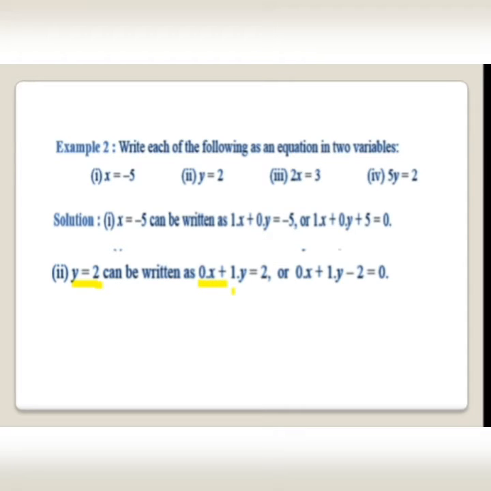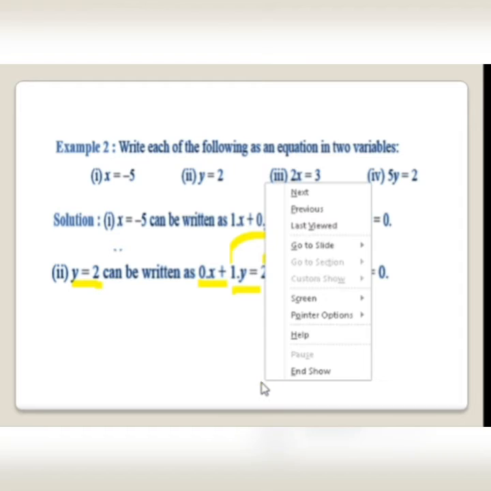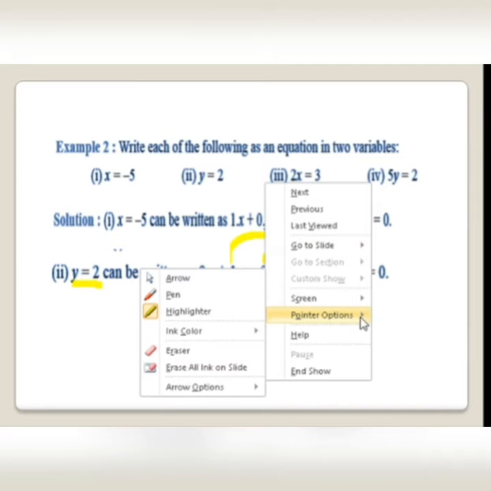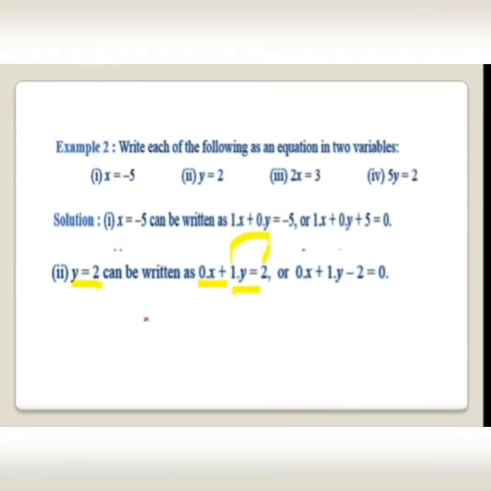With y, 1, and then 2 we will bring to this side, because according to the equation, our equation was ax plus by plus c. So this was my equation. That's why we have to change this given equation into this form.